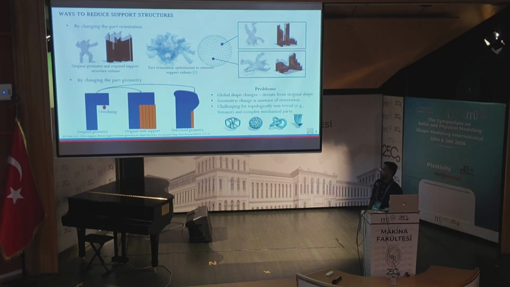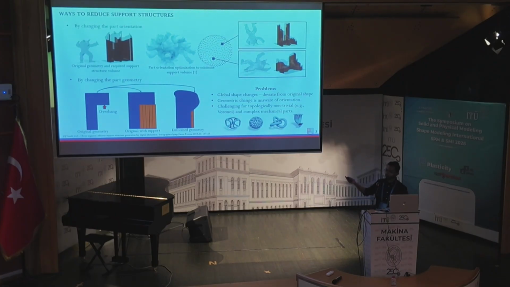In part geometry, you can see a simple example again, which requires support structures for the original geometry, and you can change the geometry into a different shape, which requires much less support. But the problem is that the deformed geometry is quite different from the original one.